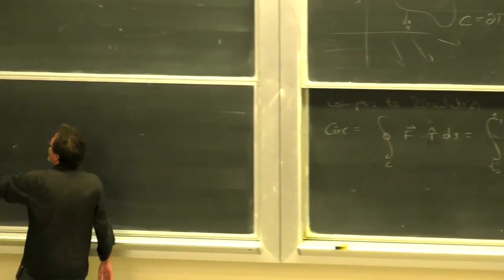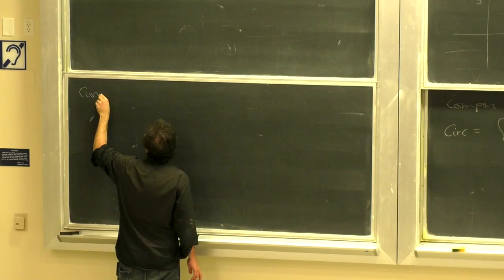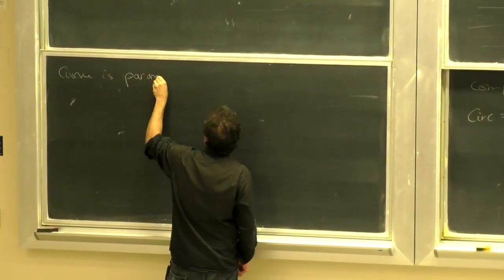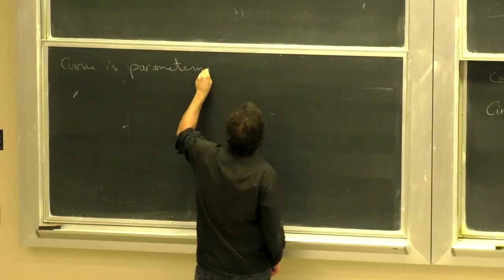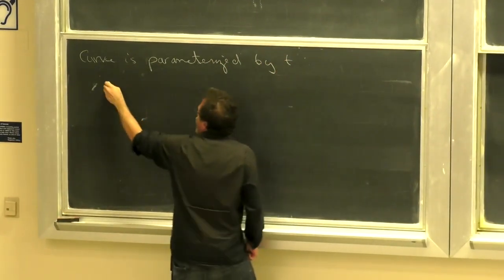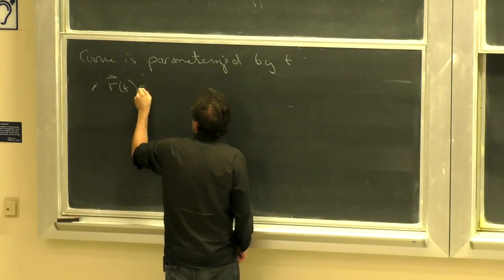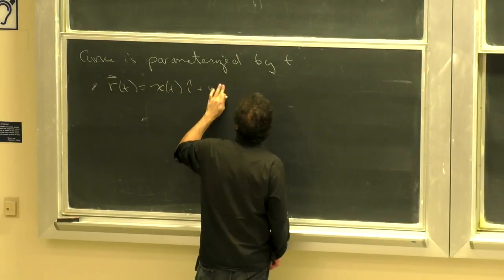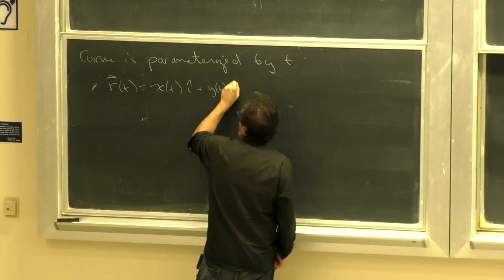Let's go over here, and I have a curve that is parametrized by t. So it's given by r of t is equal to x of t i hat plus y of t j hat.